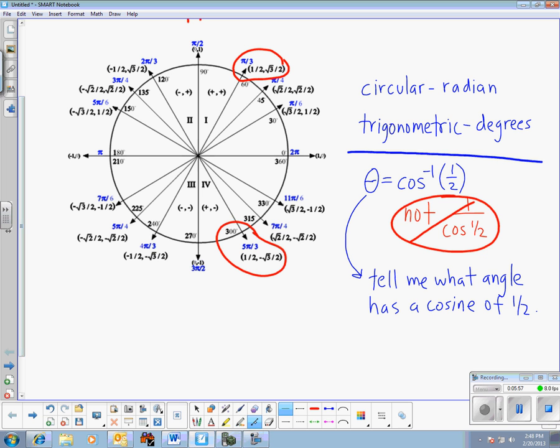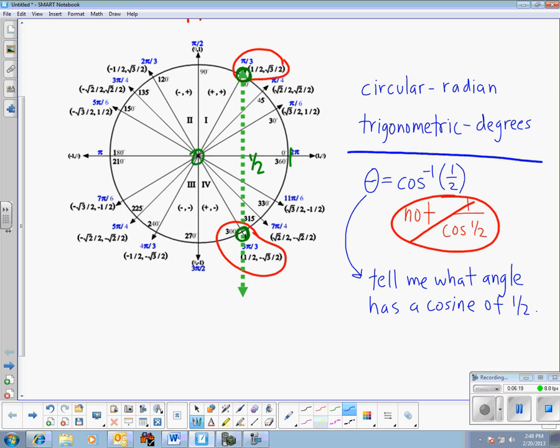And we could actually throw a little line in there to show, x being 1/2 literally means we are 1/2 unit to the right of the origin. All right, here's 0, here's 1, here's 1/2. And the two nice, neat unit circle spots that make that happen are 60 degrees and 300 degrees.